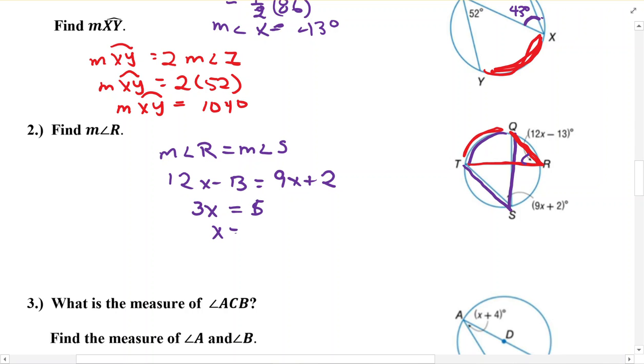So x equals 5. But I want to find the measure of angle R, so I'll plug that in. So 12 times 5 minus 13, which is 60 minus 13, gives us that angle R is 47 degrees.